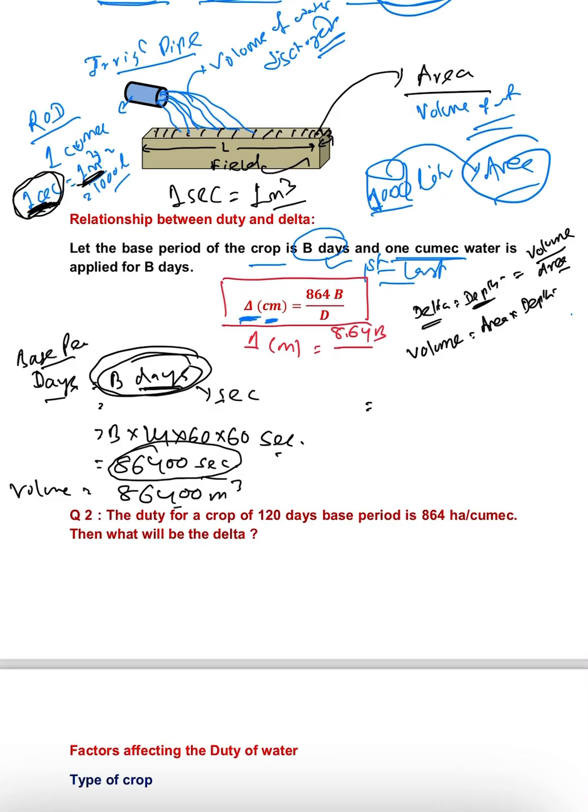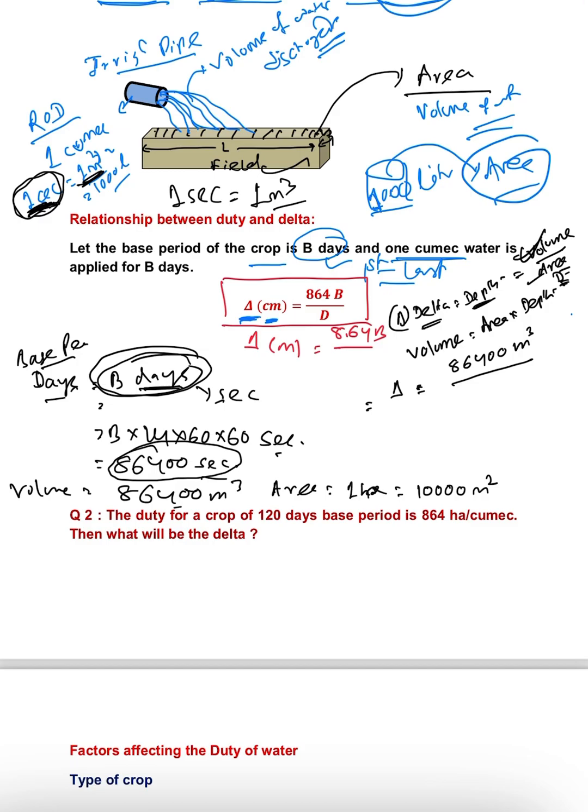So now what will happen? Now the area here is 1 hectare. In the normal case we take the area as 1 hectare, that means 10,000 meter square. So what is the delta? Delta will be the volume, 86400 meter cube, divided by area, and the area is nothing but the duty.